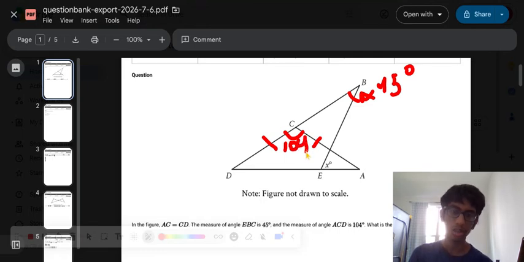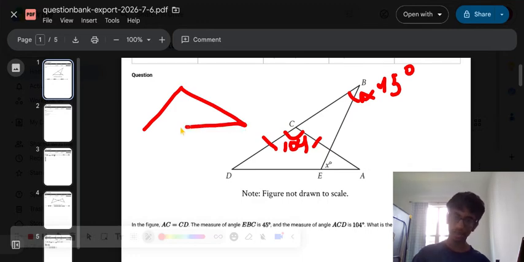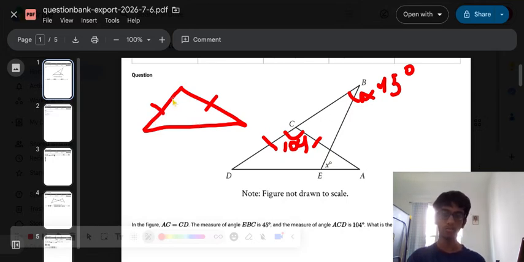One thing to know about triangles: when you have something like this, say both of these sides are the same, that means the angles opposite to them are also equal. The angle opposite to this side right here is this one, and the angle opposite to this side right here is this one.